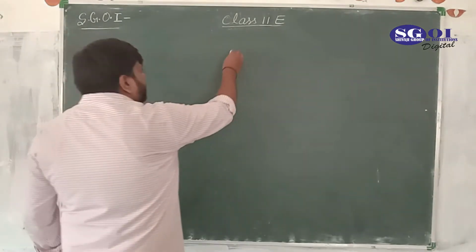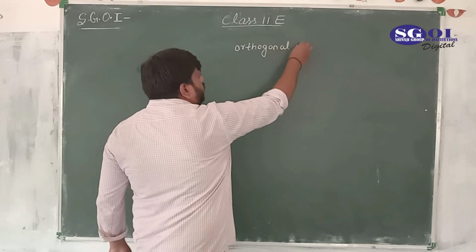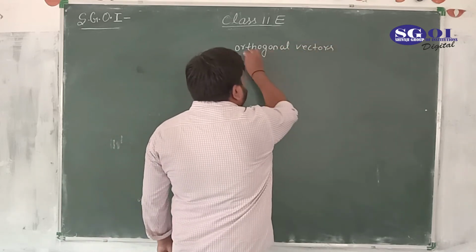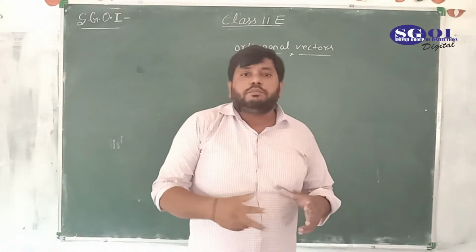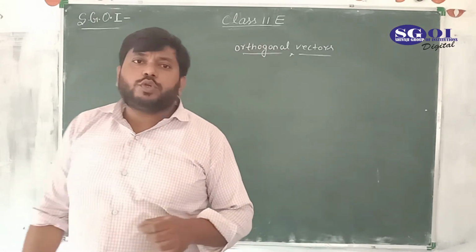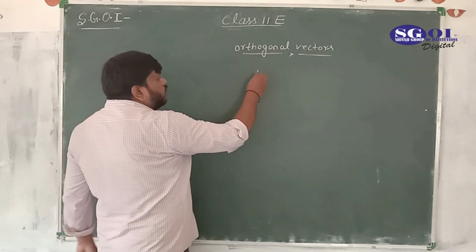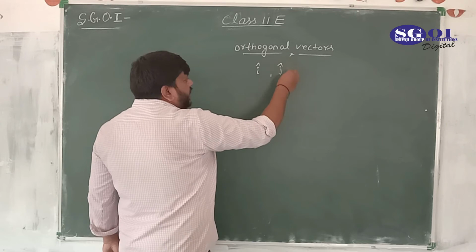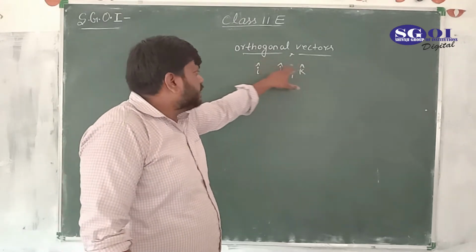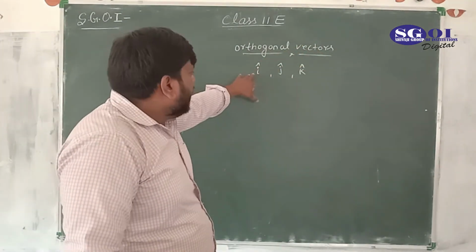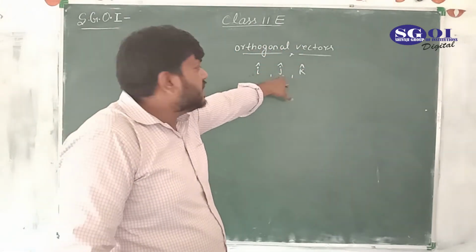What are orthogonal vectors? Orthogonal vectors are those vectors which are mutually perpendicular to each other. Just like I told you, i cap, j cap, k cap. These are unit vectors because there is a cap sign. And i cap is pointing toward the positive x-axis, j cap the positive y-axis, k cap the positive z-axis.